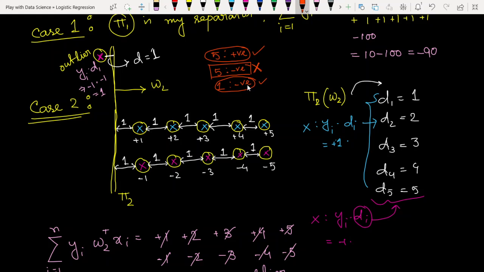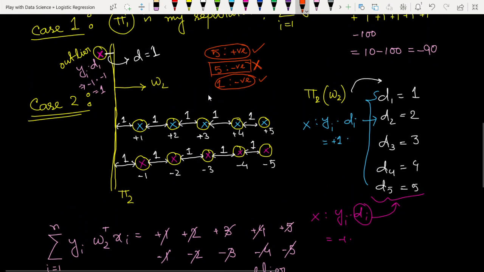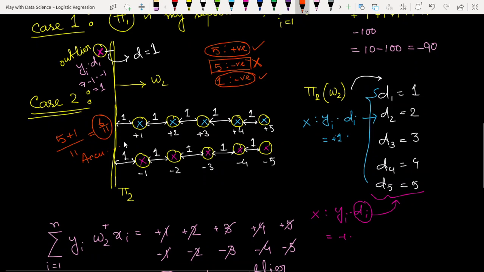So the correctly classified points are 5 plus 1, and the total is 11. So the accuracy of this model is 6 by 11. This is our accuracy in case 2.